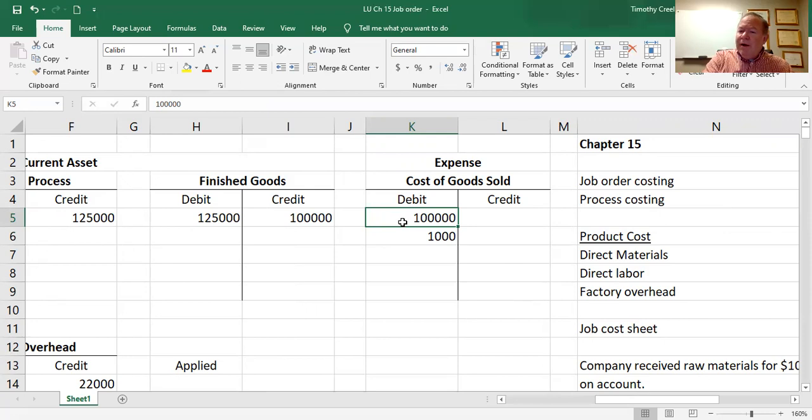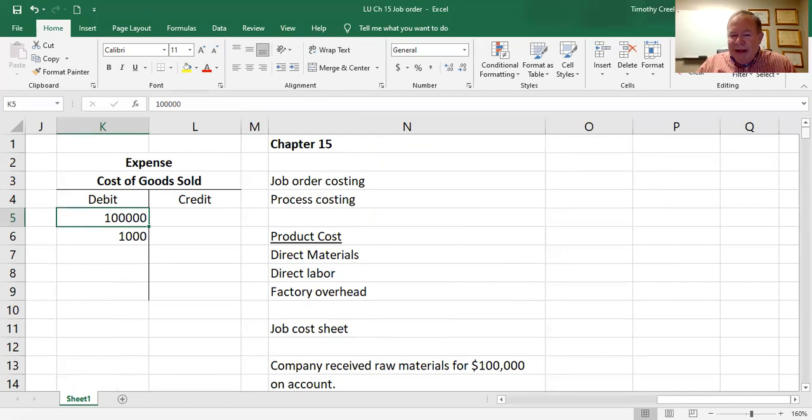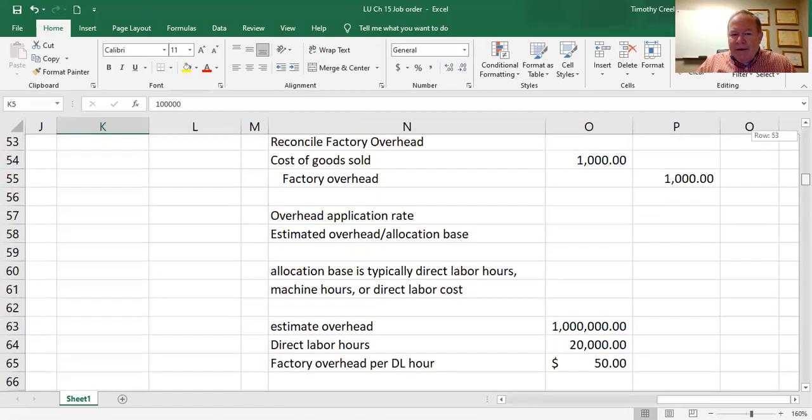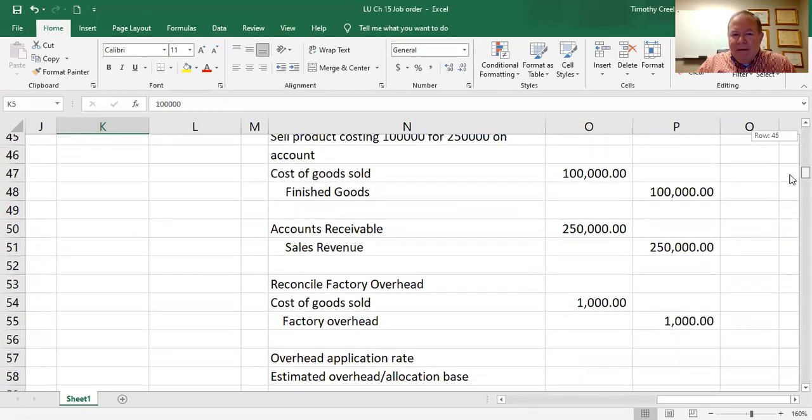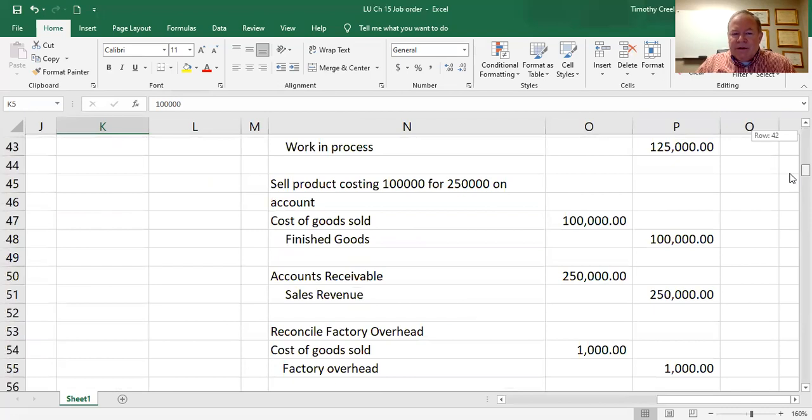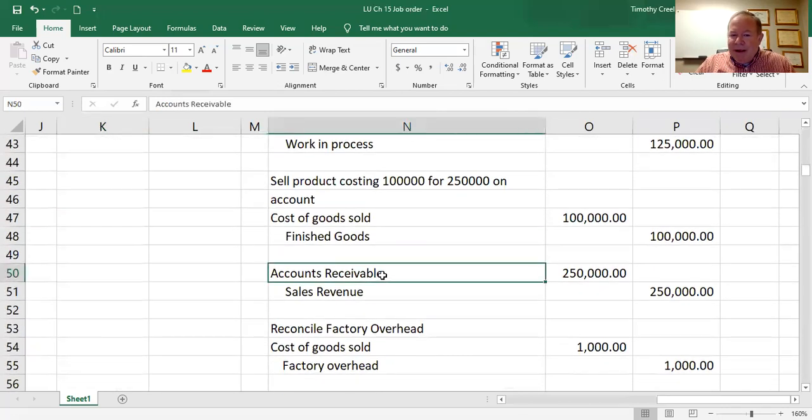And as long as we own it, it sits in inventory. It's a current asset. But once we sell it, it moves out of inventory and moves over to cost of goods sold. Then also we would record the sale. And notice that this was a sale on account. So we would debit accounts receivable and credit sales or sales revenue for $250,000.